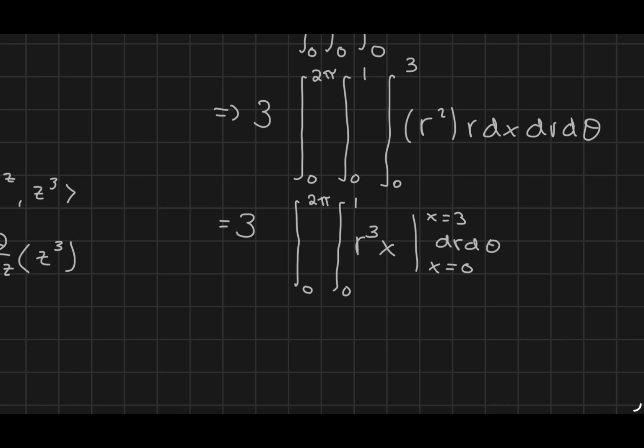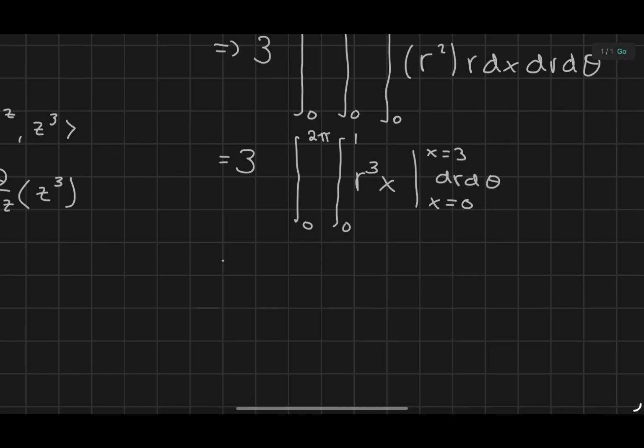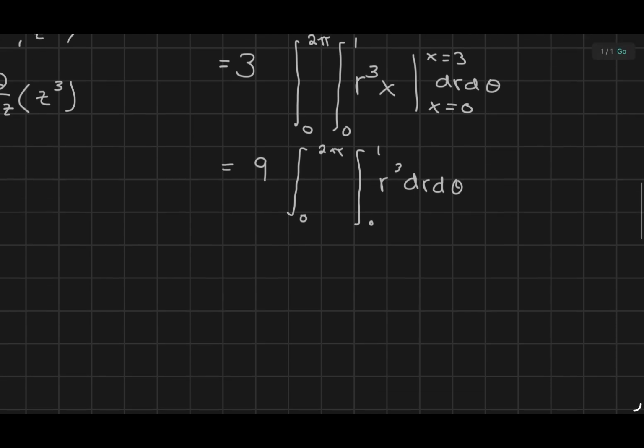dr d theta. So we're actually going to have another 3 there. We can just go ahead and pull that out. We're going to have 9 on the outside, from 0 to 2 pi, from 0 to 1 of r cubed dr d theta, which is going to equal 9 times the integral from 0 to 2 pi.